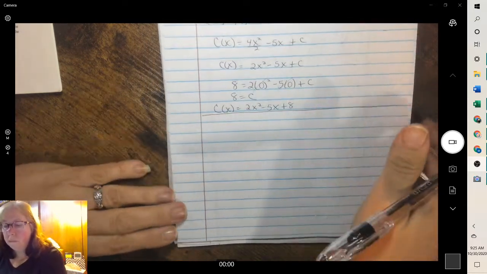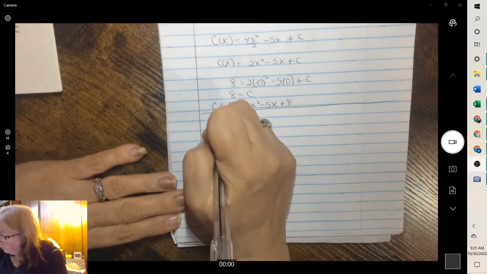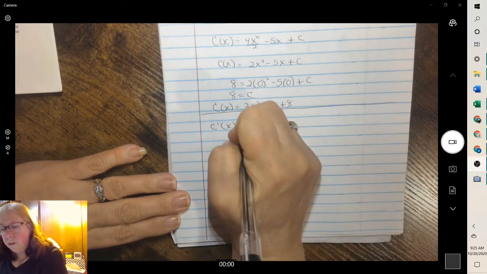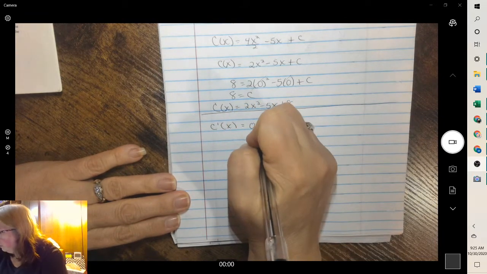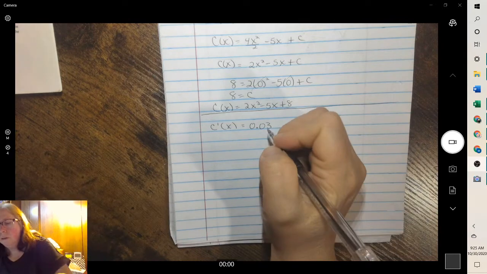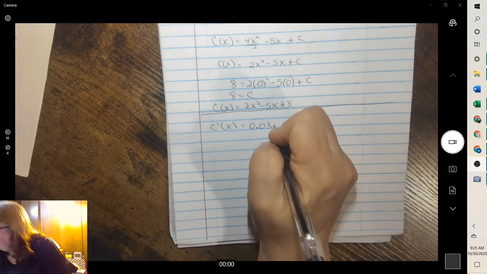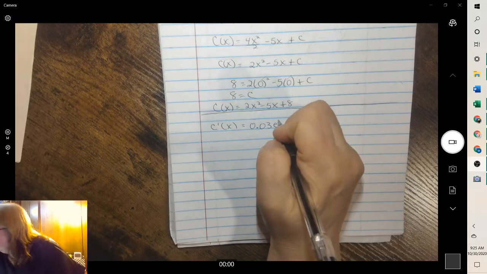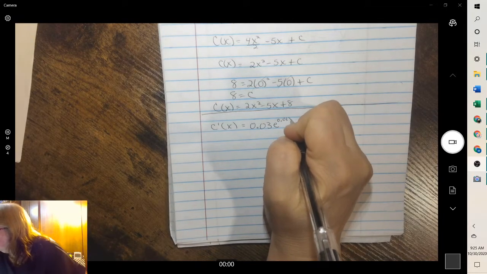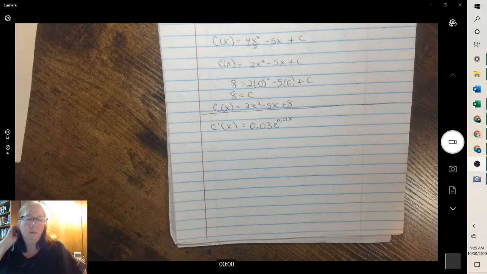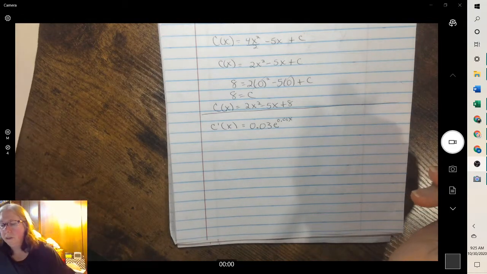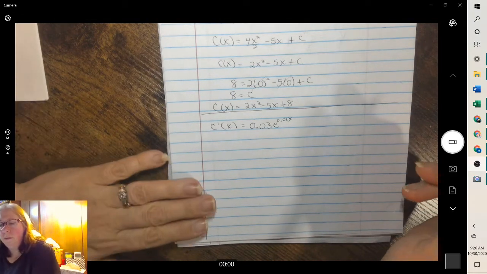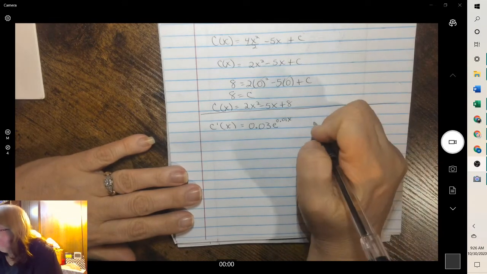Try another one. C prime of x equals 300ths e to the 0.01x, and our fixed cost again is 8.